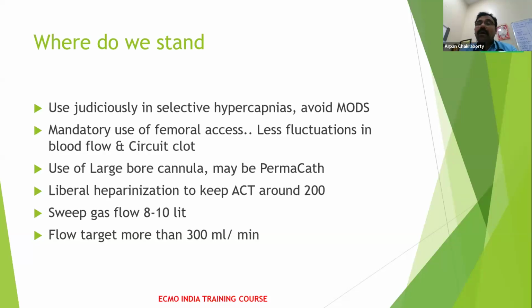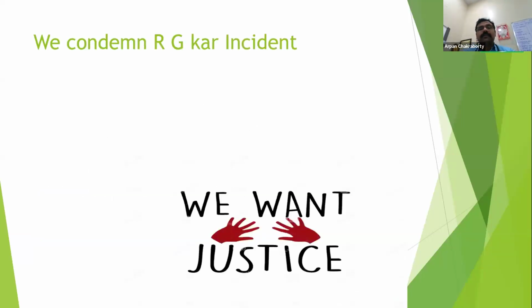So the target is always to maintain more than 300 ml. You can go up further, but it should not be less than 300. Circuit clot and ineffective ECOR can happen. So thank you.